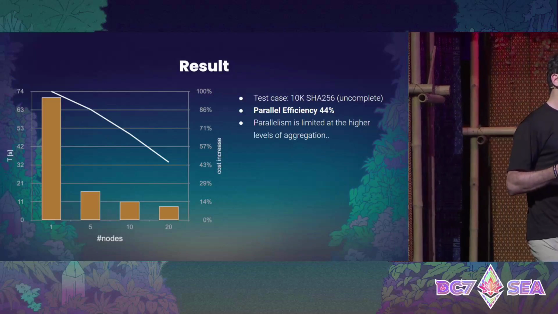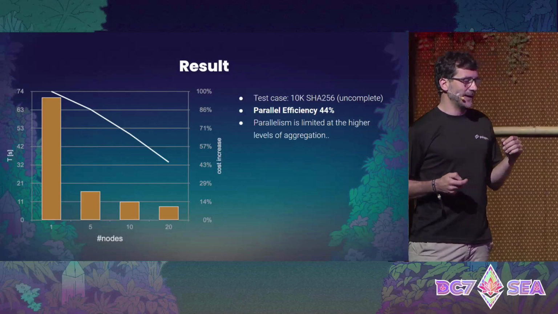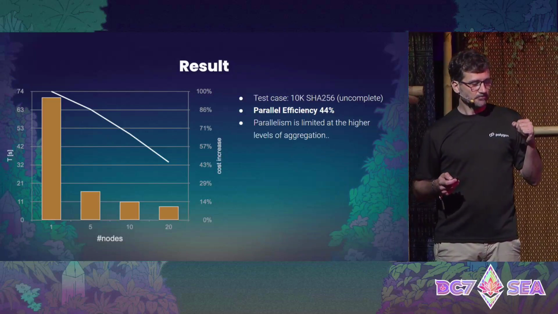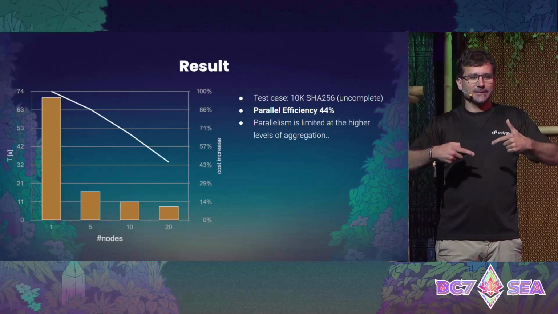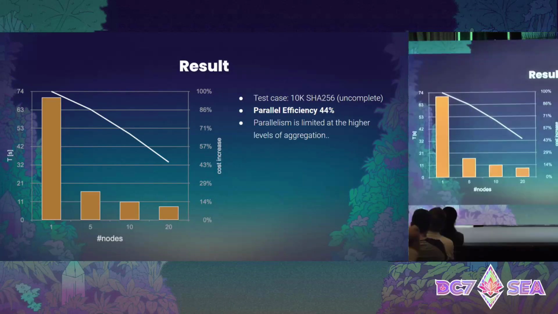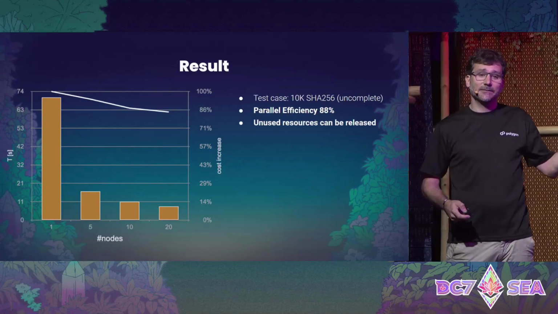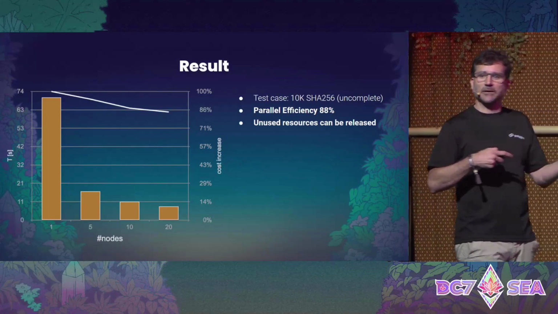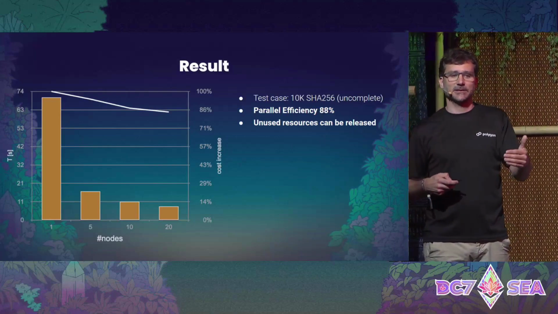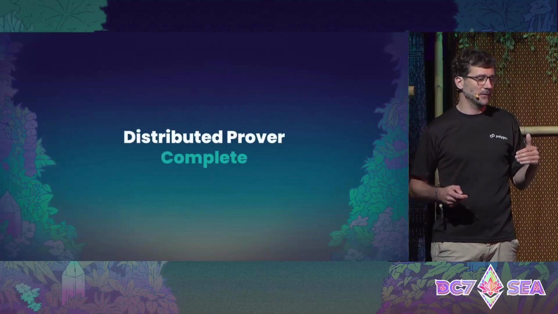But the problem here is that when we are going down the tree, at some point we have fewer aggregations to do than processes. So there are some resources that are not being used at all. If we just release these processes to do other things, the real parallel efficiency related to the hardware that we are consuming is 88%. So it's again a very acceptable parallel performance.